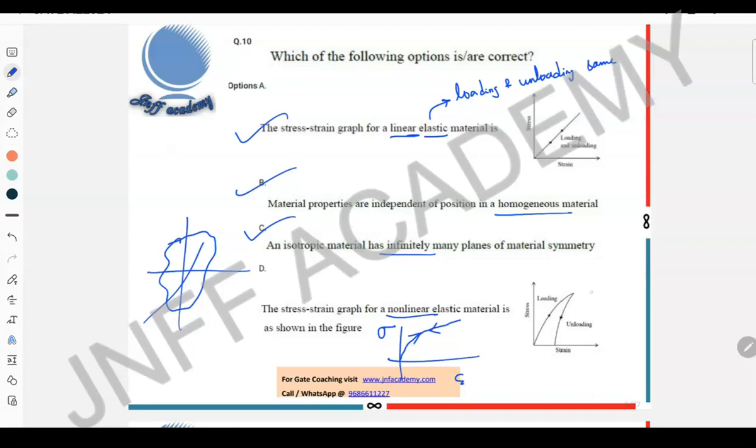But if you look at this figure, it is not the same. So it is a non-linear plastic material. After reaching this particular point, the path is coming like this. We have this much amount of plastic deformation. So this is not correct. A, B, C are correct. Let us move to the next question.